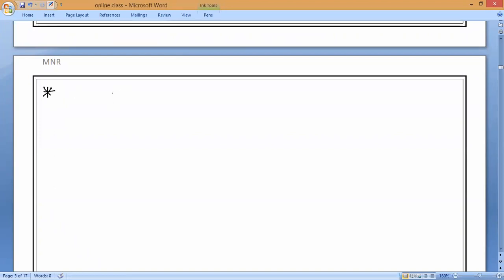Next, the most important example. Silver nitrate reacting with sodium chloride. You have to tell me the products. Silver chloride.